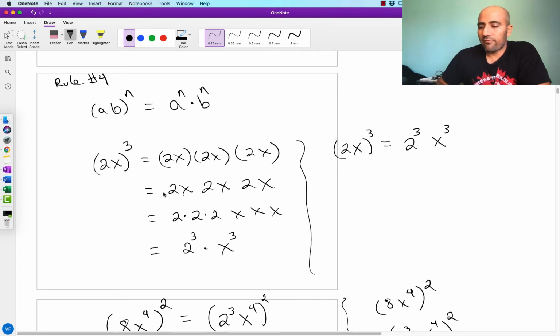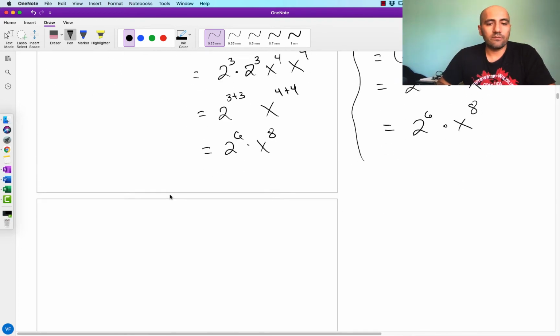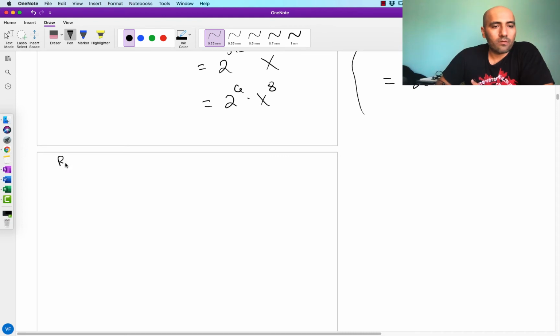Okay, rule number 5, very similar. If we have a over b and the whole thing is being raised to an n, then we can again do this sort of distribution and say that this is a to the nth power divided by b to the nth power.